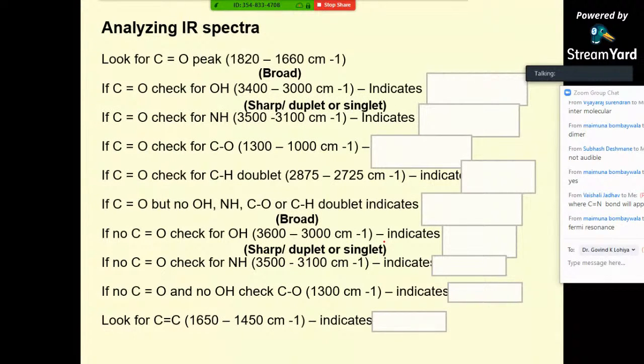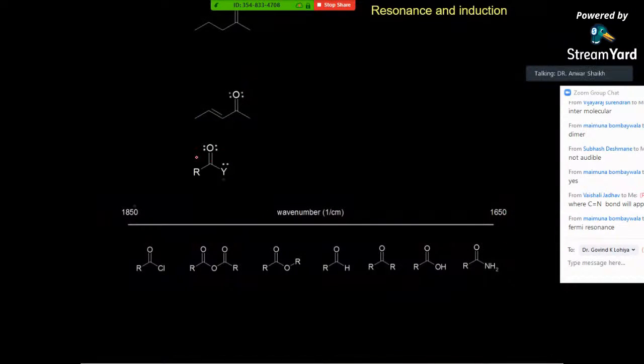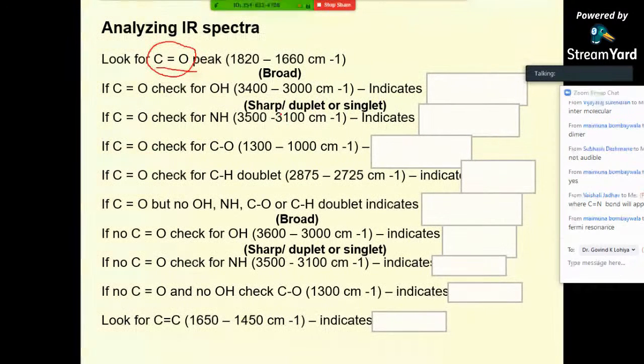While analyzing, we have seen some spectra of aldehydes, ketones, alcohols, aromatic and aliphatic compounds. If you are analyzing an IR spectrum, first see whether your compound contains a band for the carbonyl group, in the region 1660 to 1820. If a band is there, check whether another band appears for the OH group.